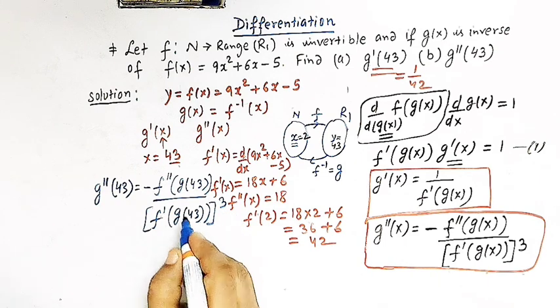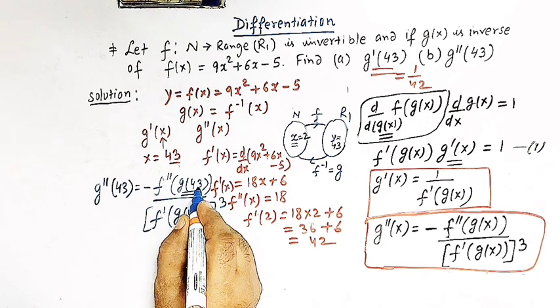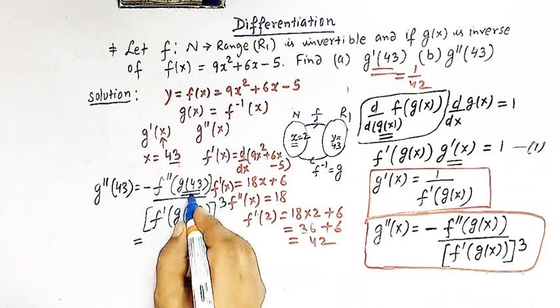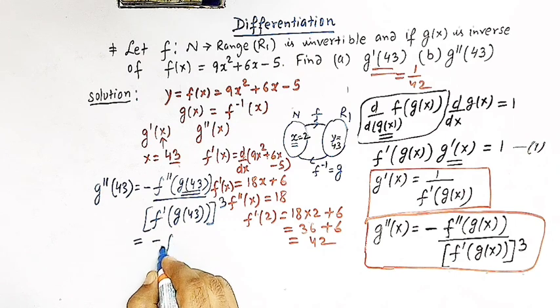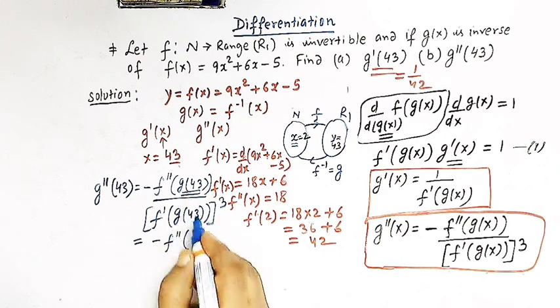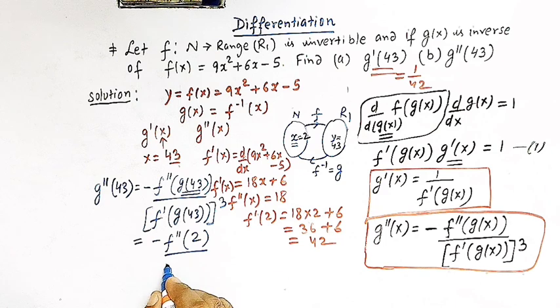Okay, so now g(43) is equal to 2. So we can write f″(2) in the numerator, and in the denominator f′(2) cubed, since g(43) is 2.